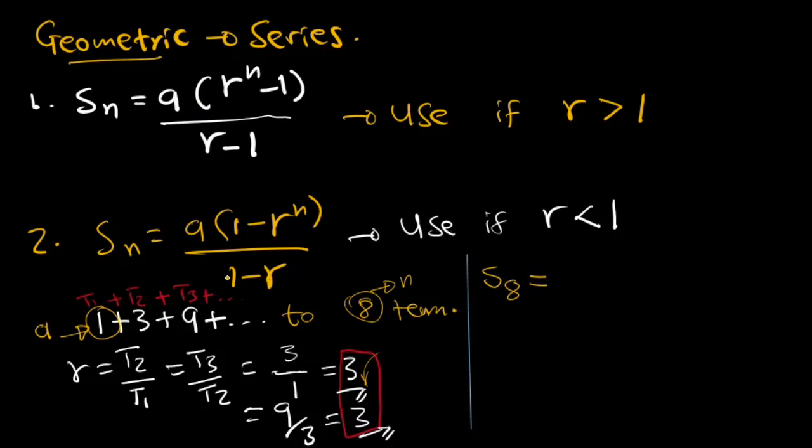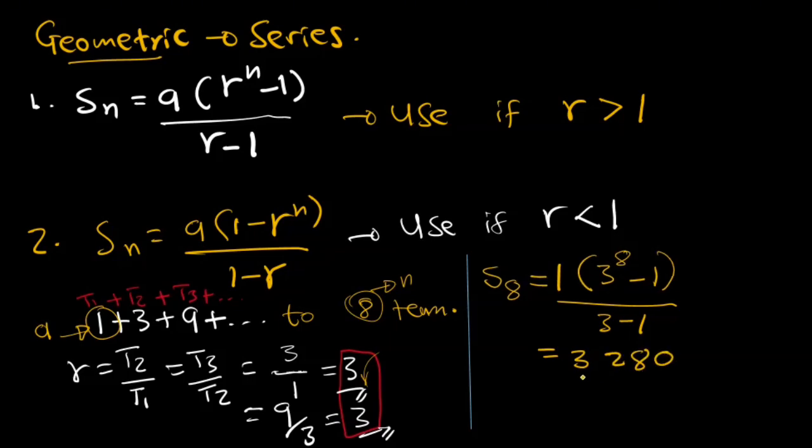We know the value of a is 1. And then what is the value of r? 3. And then what is the value of n? The value of n is 8, right? The value of r, 3. Okay. Now, punch this into your calculator, and the value that you'll get is 3280.